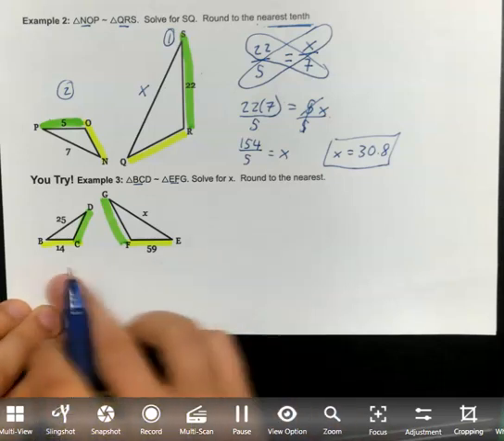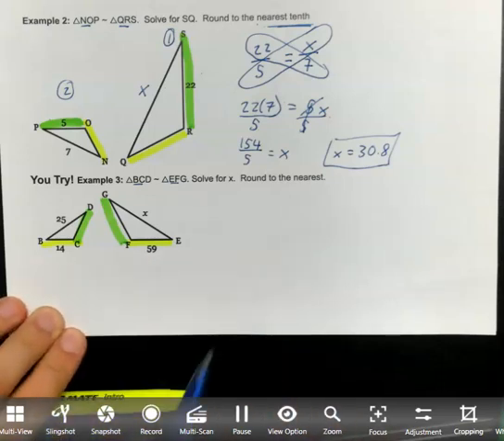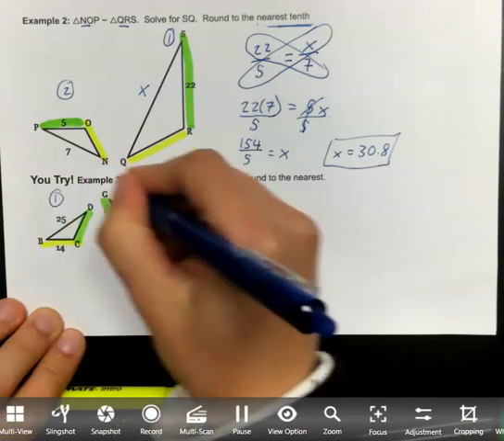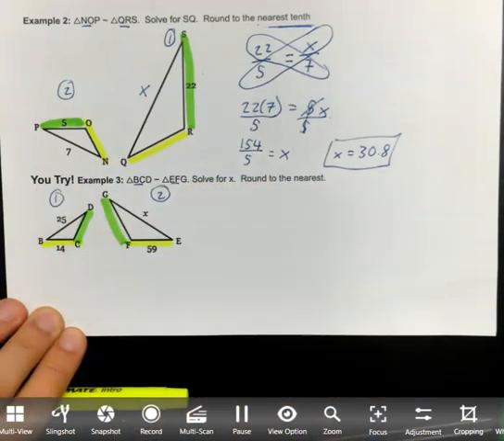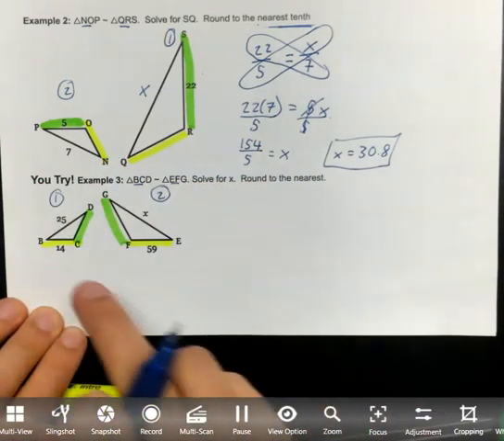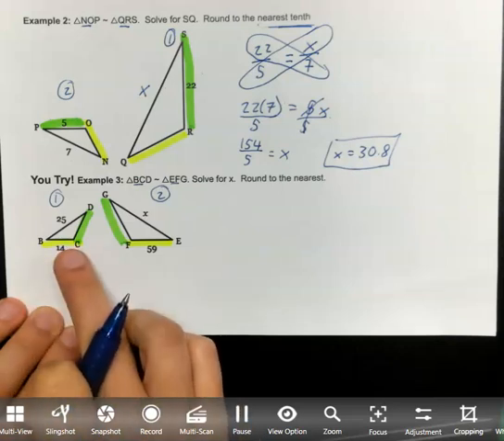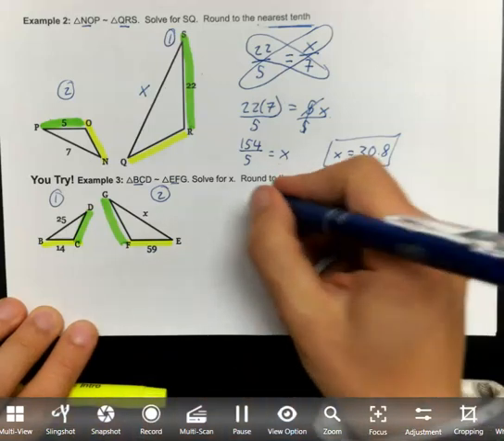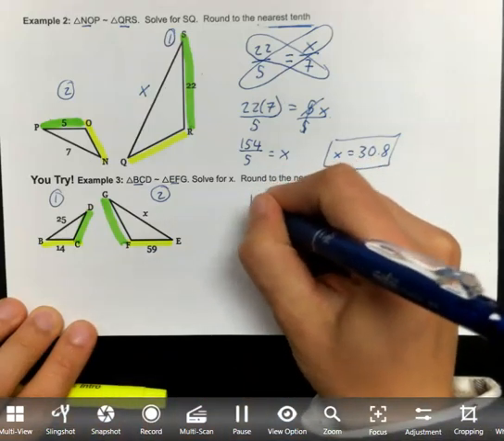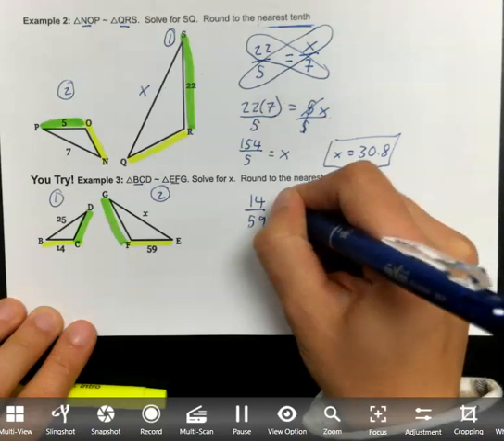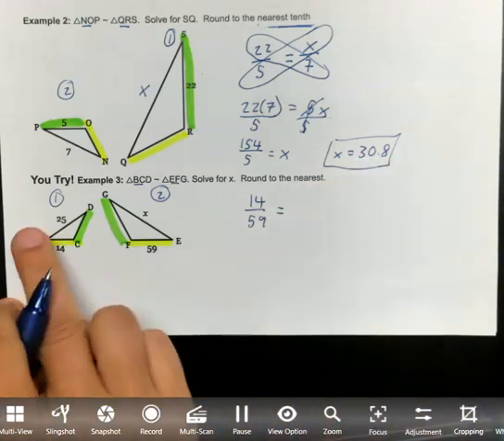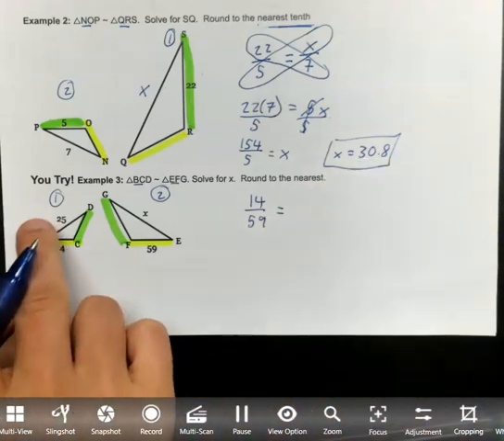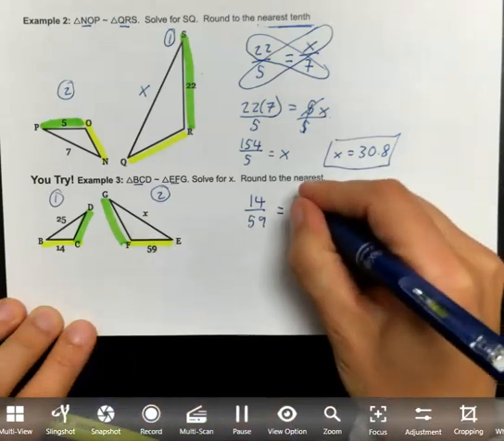Let's set up our ratios. This time I'm going to call this my triangle 1 and this my triangle 2. It does not matter which order as long as we're consistent. Yellow goes with yellow, so 14 divided by 59 equals triangle 1, 25 divided by x.